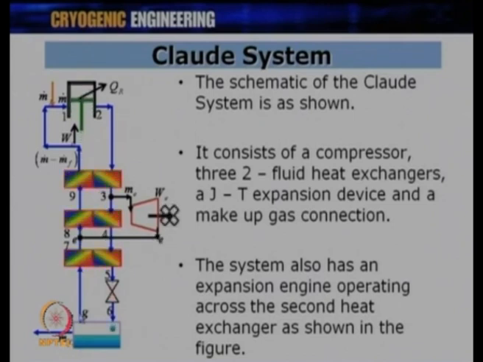The return stream is coming basically from the gas which has not got liquefied at this point. Whatever amount of gas is coming from 6, of which only m dot f gets liquefied, the return stream will have the remaining gas. This gets joined to m dot e, which is coming from the expansion engine, and the whole gas goes back and gets compressed with a makeup gas connection at this point.